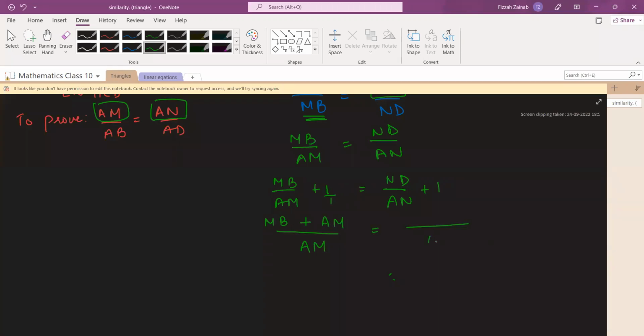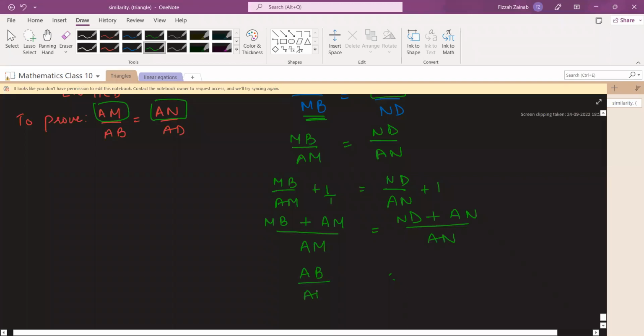Similarly, this side, LCM is AN, so ND plus AN. Now you can see in the figure, MB plus AM becomes your full length AB, and similarly, ND plus AN becomes your full length AD upon AN.